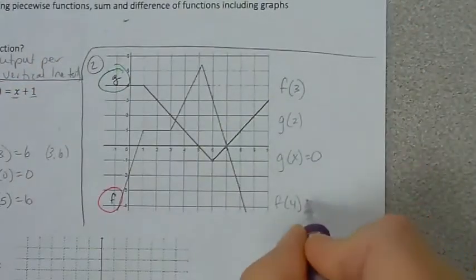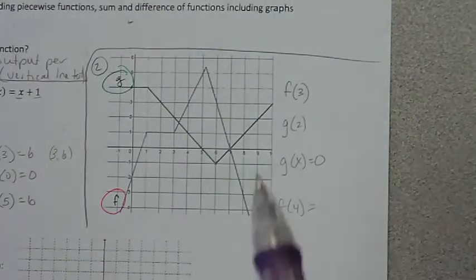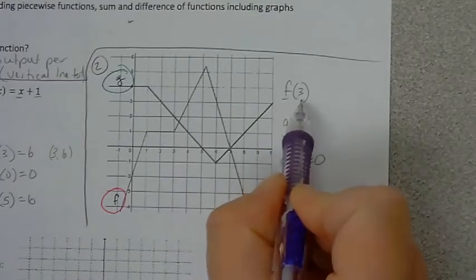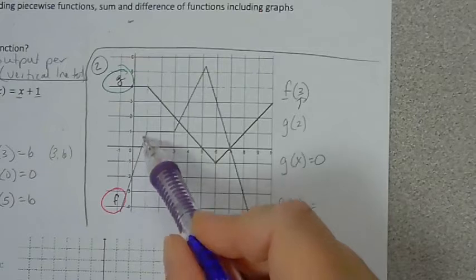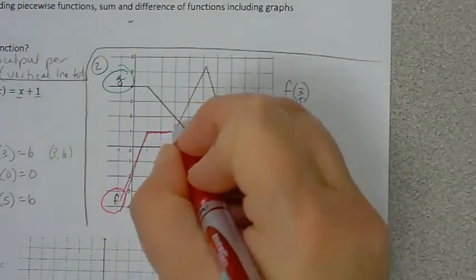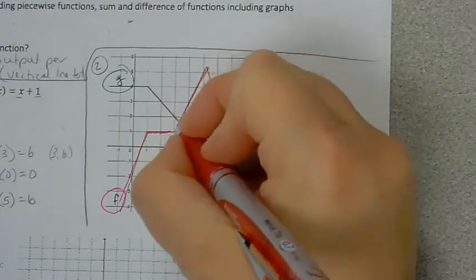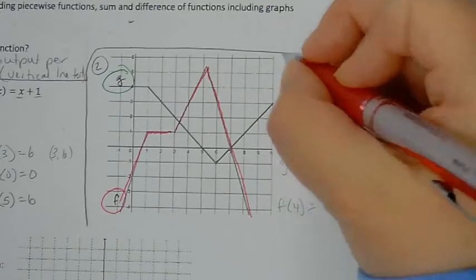Okay. So this time I'm going to look at the graph to evaluate the function. So I'm going to start with f of 3. So I'm going to have the f function and the input value is going to be 3. The f function is this pink function. So what I want to do is evaluate this function whenever the input value is 3.